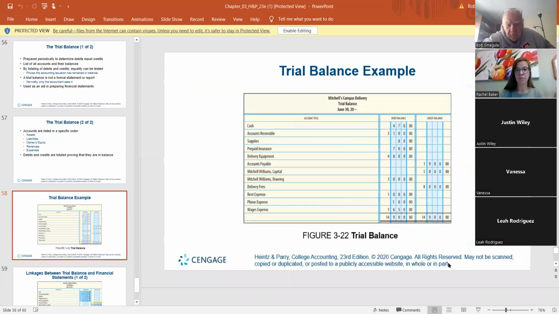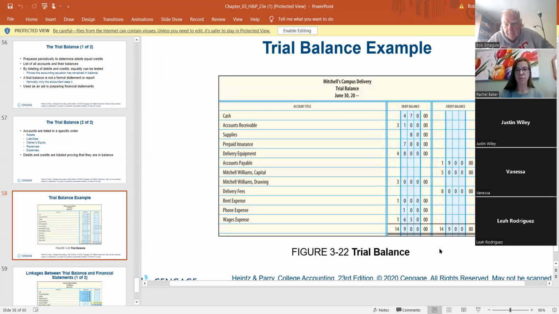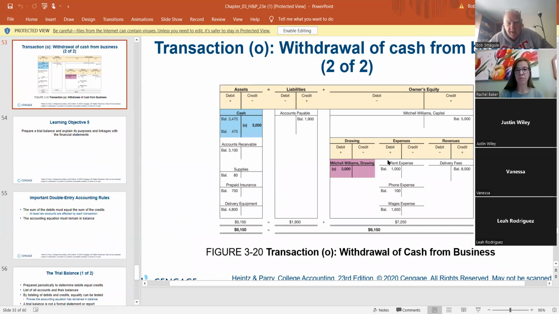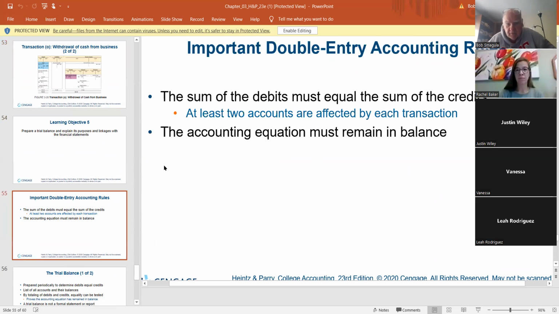Where did we get this $470, for example, for cash, and the $3,100 for accounts receivable? We got them right from the general ledger. Here's your 470. Here's your 3,100, your 80, your 700. Here are the others. So they come right from the general ledger.